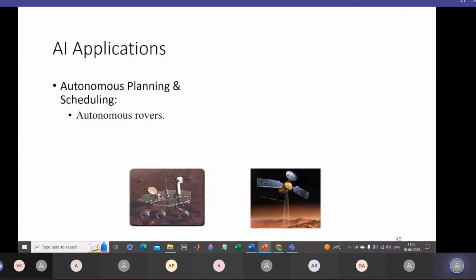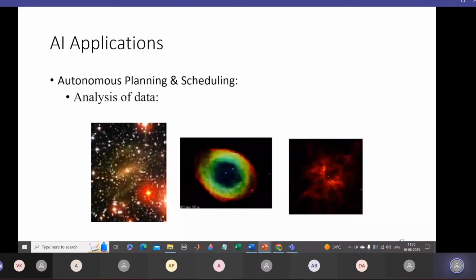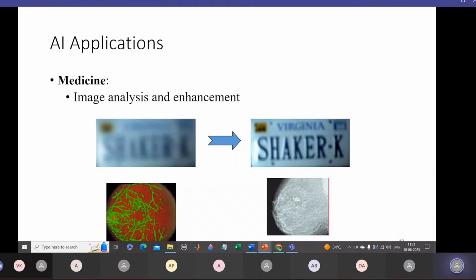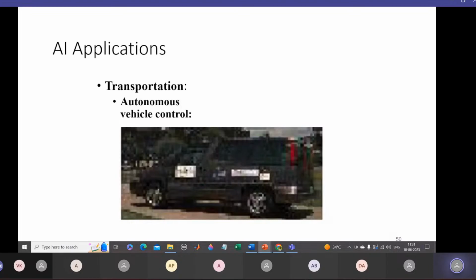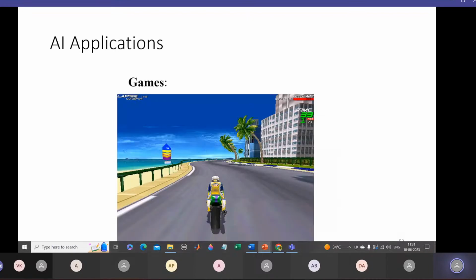Apart from this, you can write other areas: autonomous planning and scheduling, satellite launching, telescope scheduling, data analysis, astronomy, image-guided surgeries in medicine, image analysis and enhancement, transportation, autonomous vehicle control, pedestrian detection, and games.